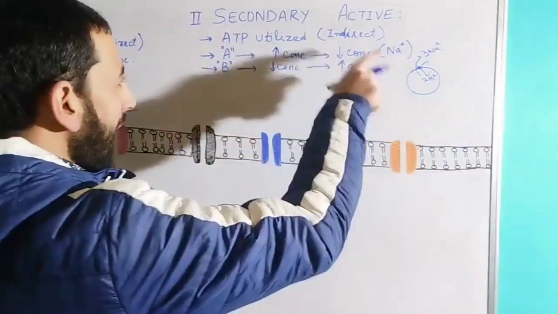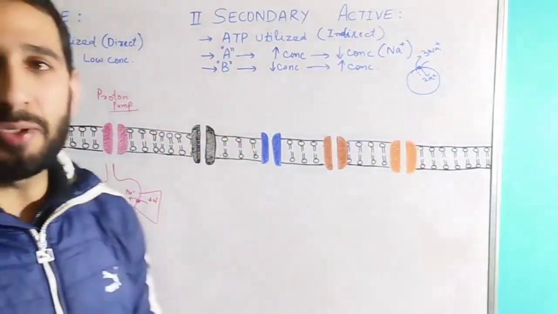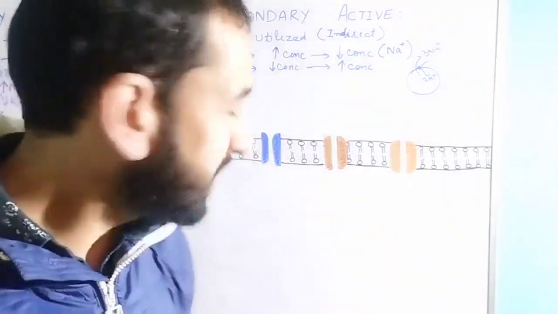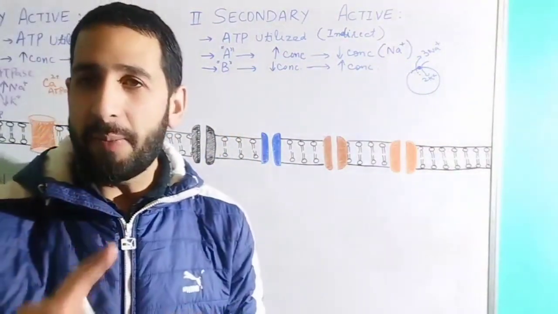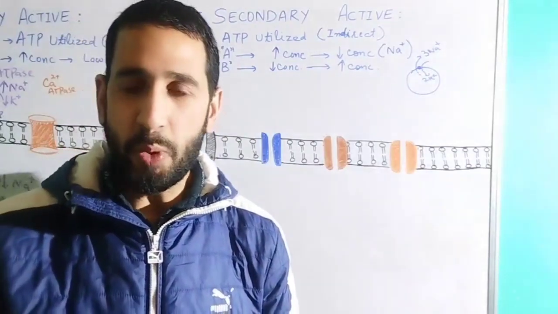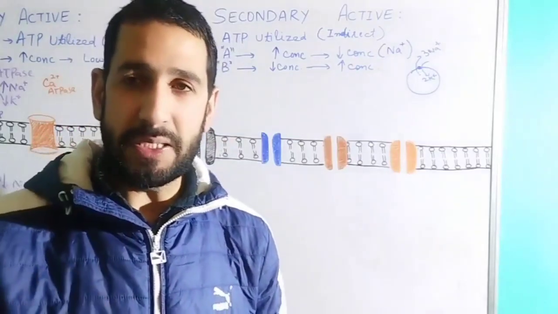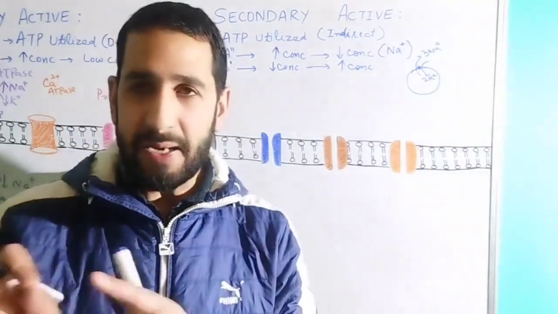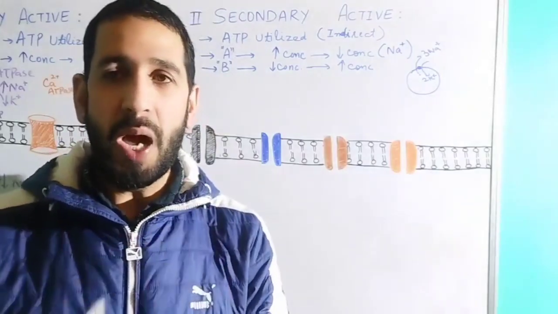Now we have to talk about the different examples of secondary active transport, and the first example is called the sodium glucose cotransporter. What did I tell you? There will be more than one substance transported in secondary active transport, at least one substance will definitely be from high concentration to low concentration, and another substance will definitely be from low concentration to high concentration.